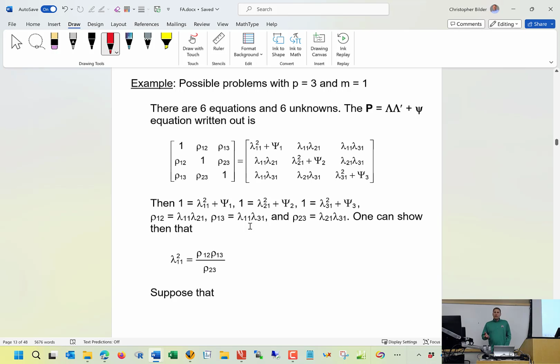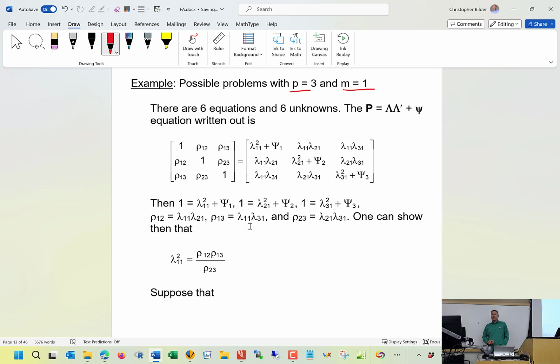There can be other problems as well. There could be situations where a solution actually doesn't exist. Previously I said you can have more than one solution, but you can also have a situation where a solution does not exist. So suppose P is equal to 3, M is equal to 1.